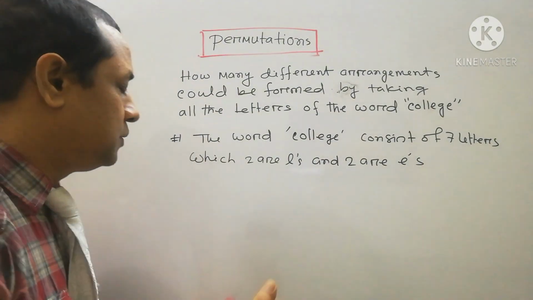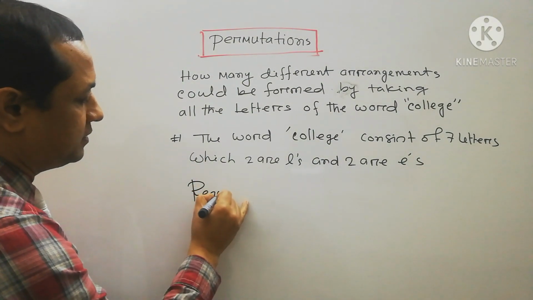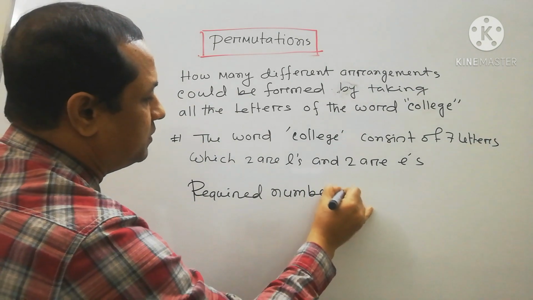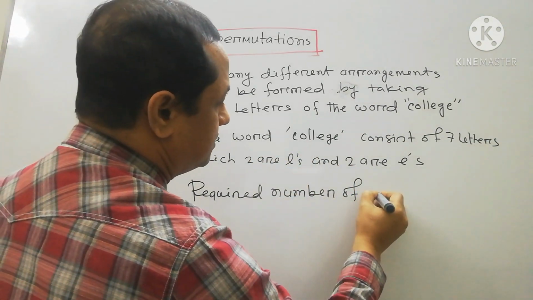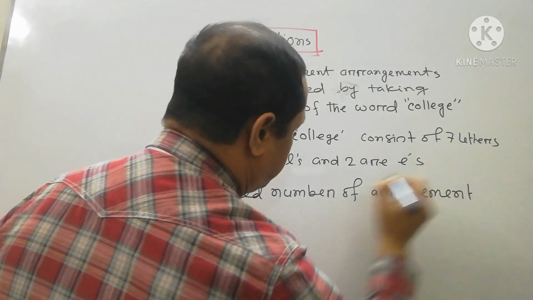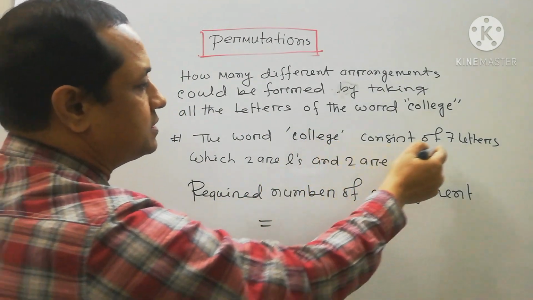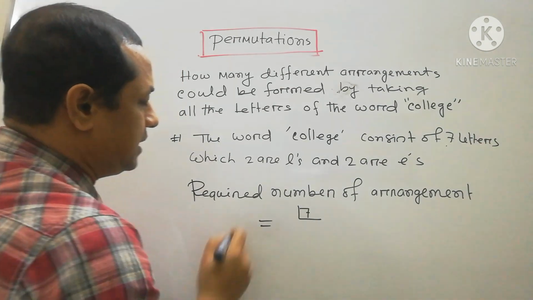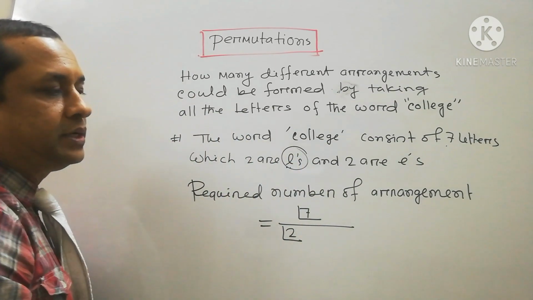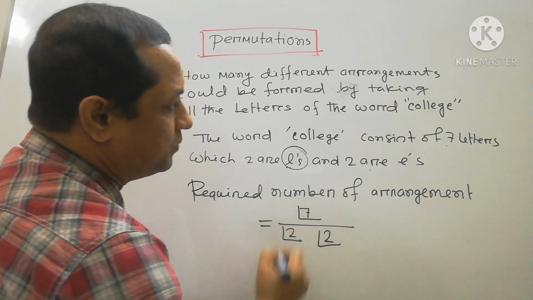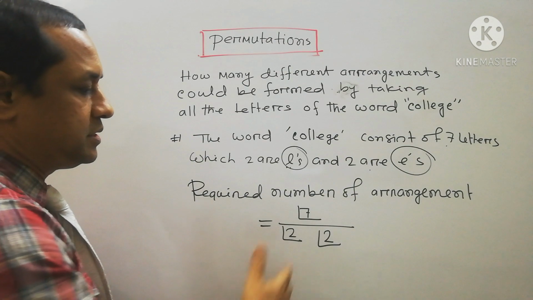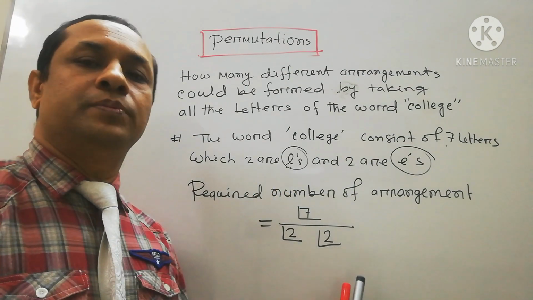So students, now the required number of words, arrangements or permutations equals, here the total number of letters is 7, so factorial 7, of which 2 are L, so divided by factorial 2, and divided by factorial 2 because 2 are E's. So students, here factorial 7 by factorial 2 by factorial 2.